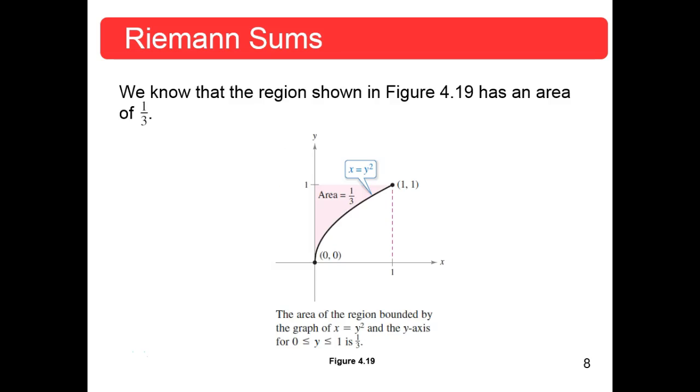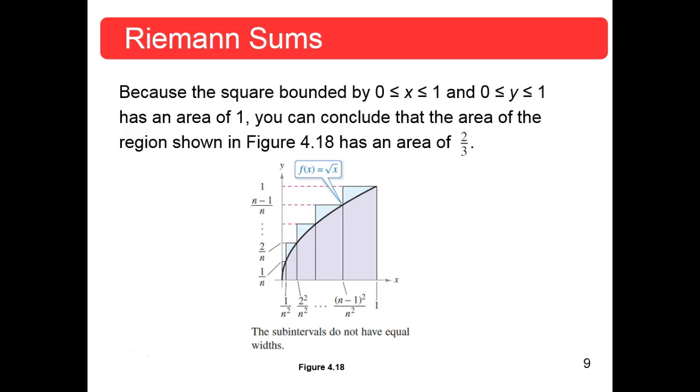The area of the region bounded by the graph of x equal y squared, which is what we did before, and the y-axis, that was 1/3. The one we just did is basically 2/3. It's the same as the function y is equal to square root of x, 2/3, so that adds to 1 times 1 is 1. So I'm not sure why they did that, but it's fine.